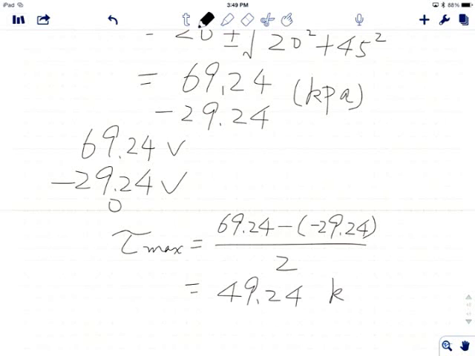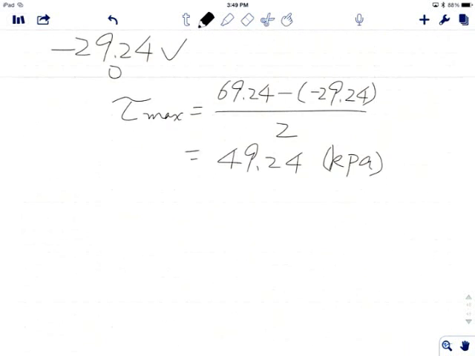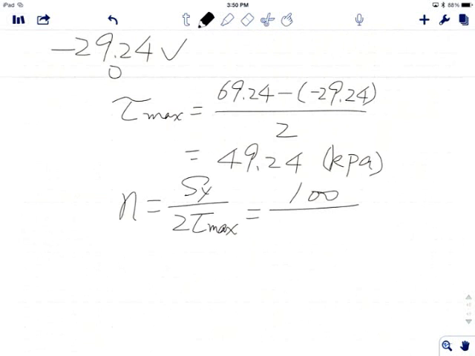Did I calculate right, Brian? Looks about right. Yes, alright. Okay, so when you have that, then the safety factor is equal to Sy divided by 2 tau max, right? Okay, so 100 divided by 2 times 49.24.